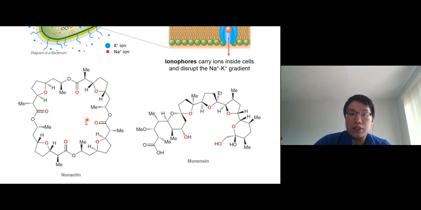This guy will carry ions into it and kind of sneak inside the cell and add to the concentration of potassium ion and sodium ion inside the cell, change the gradient of these ions inside the cell, and then basically break the cell. Okay, so the two main ones that they commonly use are nonactin and monensin. I don't know how to say it, but yeah, that's how they do it.